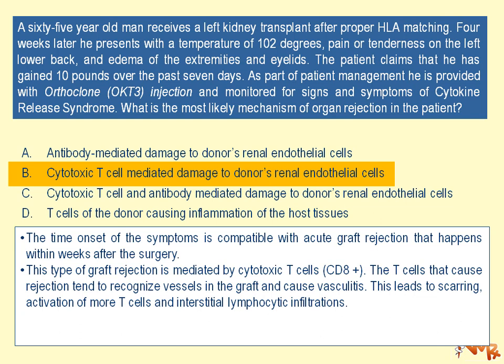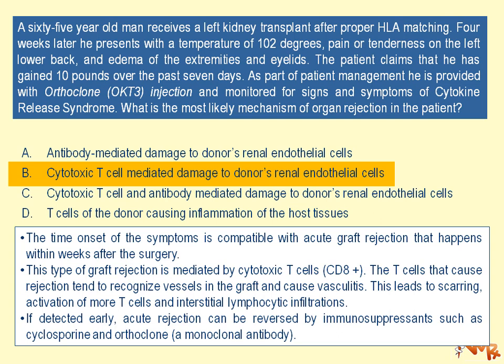The T cells that cause rejection tend to recognize vessels in the graft, and they cause vasculitis. This leads to scarring and activation of more T cells and interstitial lymphocytic infiltrations. If detected early, acute rejection can be reversed, like in this case, by immunosuppressants such as cyclosporine or Orthoclone. Orthoclone, or OKT3, is a monoclonal antibody.